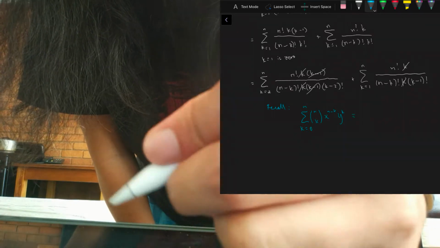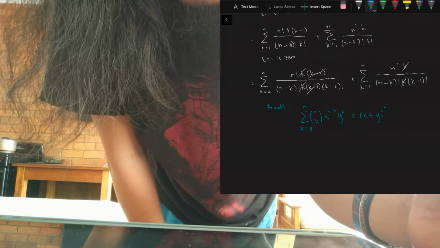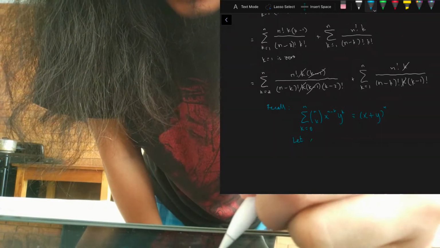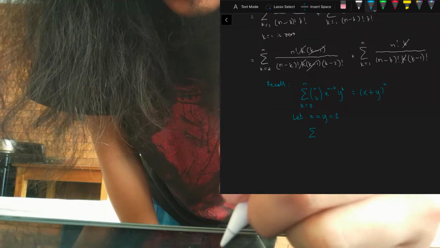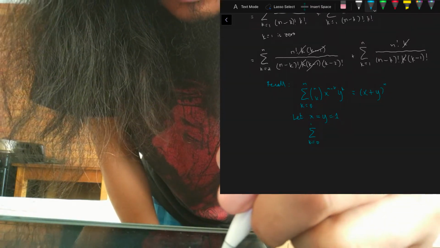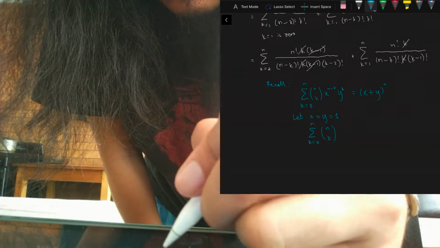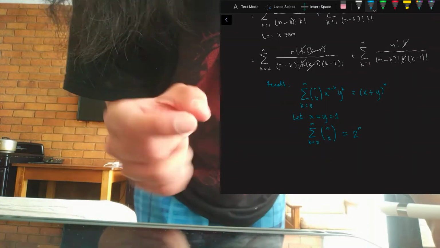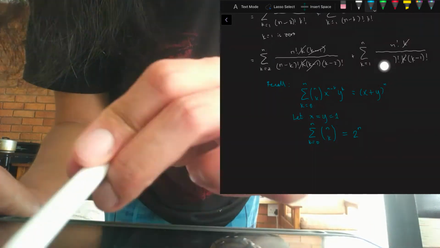Yeah, so this is equal to x plus y to the n. Okay, so now look, you have a very beautiful relation here when you let x equals y equals 1, because now what happens when you do that, you get summation of k equals 0 to n of the binomial coefficient n choose k, that's just equal to 2 to the n. Okay, so now we would like to use this identity in our summations here.